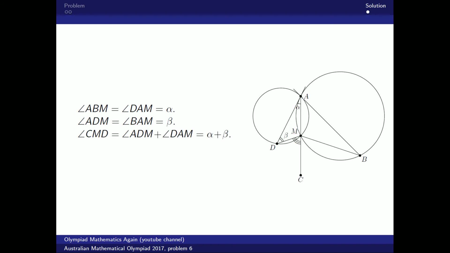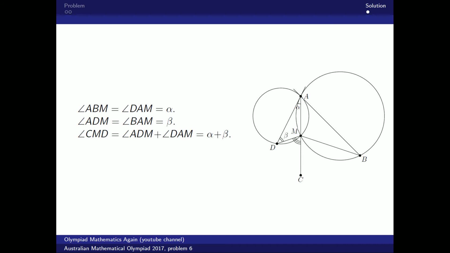Then we calculate the angle CMD. So we notice that this is an external angle in the triangle AMD. Therefore, it is equal to the sum of the other two angles at the other two vertices in this triangle. So it is equal to the sum of the angles ADM and DAM, which is equal to alpha plus beta.